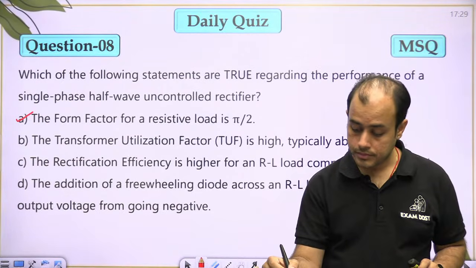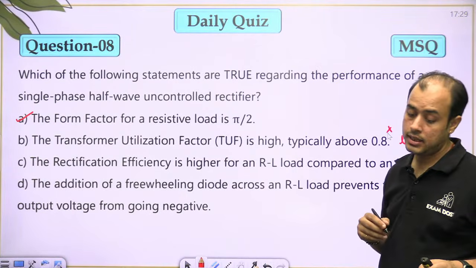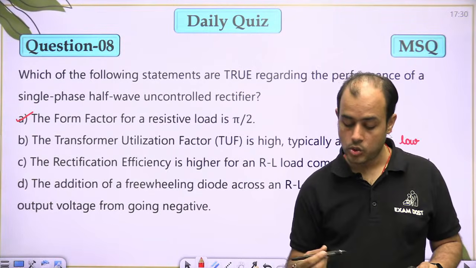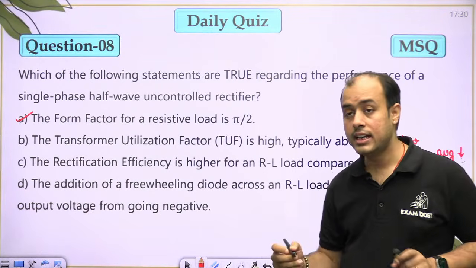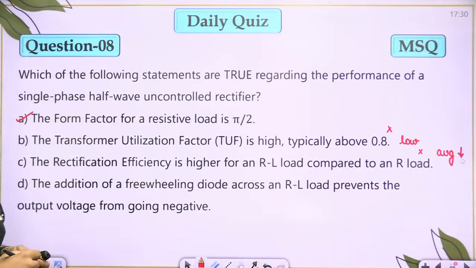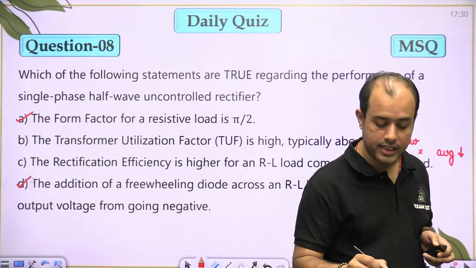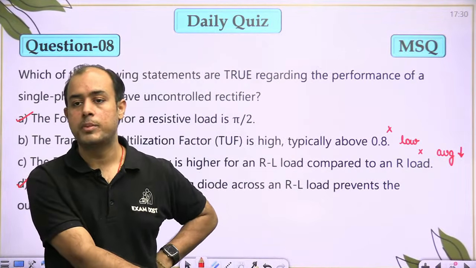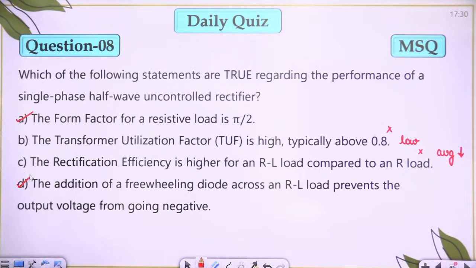TUF is low. That is a drawback of half wave rectifier. Rectification efficiency for RL load is higher compared to R load. No, because average decreases in RL load because of the negative portion of V0. Addition of freewheeling diode prevents output from going negative. Yes, freewheeling diode does not allow the output voltage to become negative. समझे? So average decreases, so efficiency decreases.